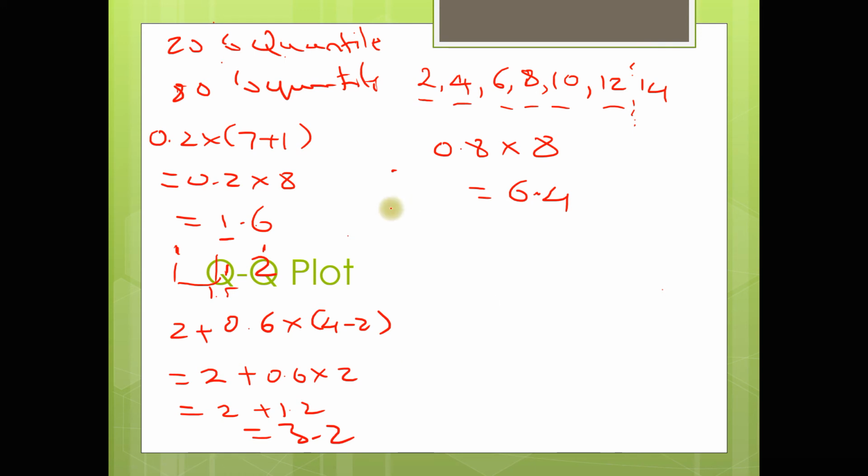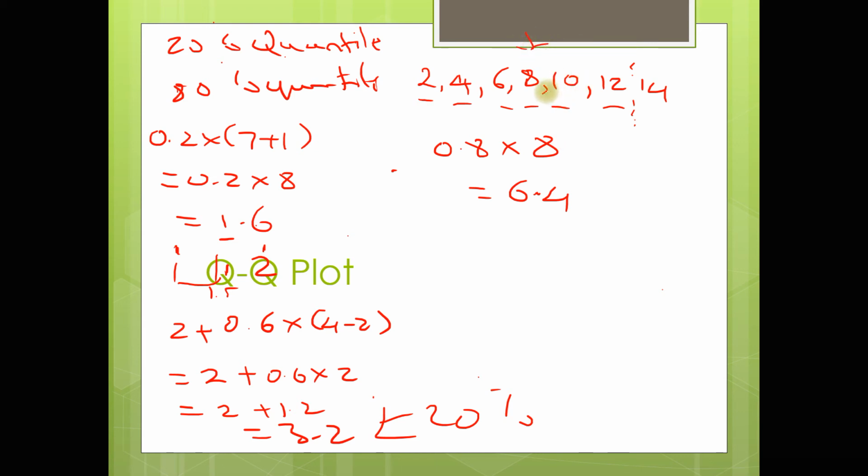So how do we get this? For example, we saw that the 25th quantile was here. So this is the 25th quantile. We've got the median, which was 8 originally, from what we recall.